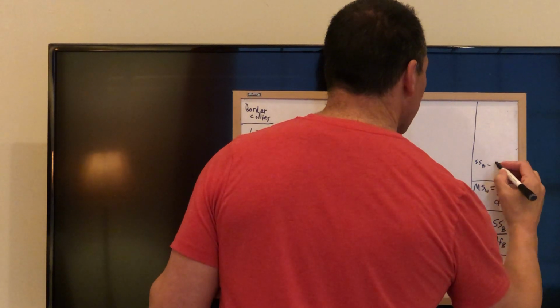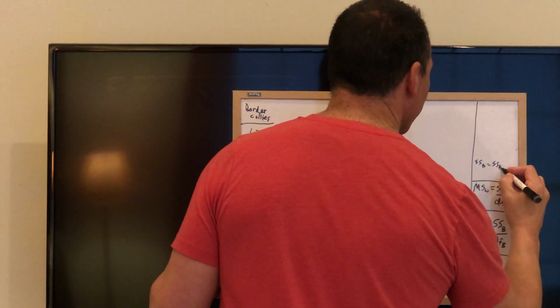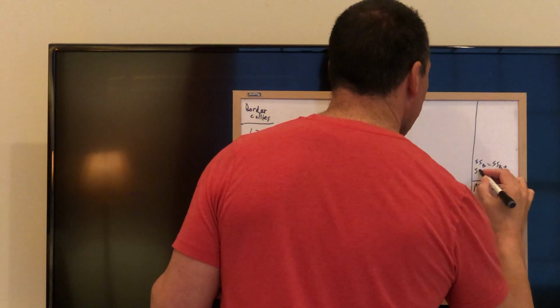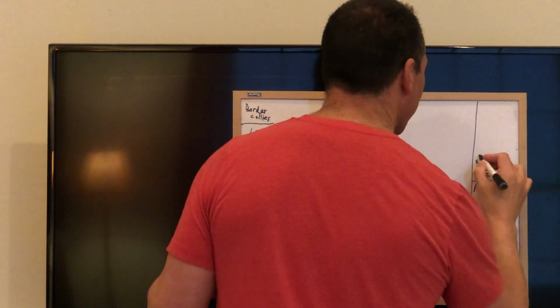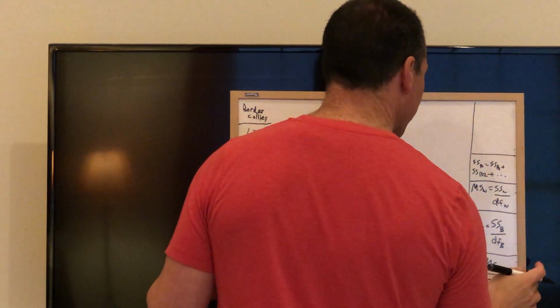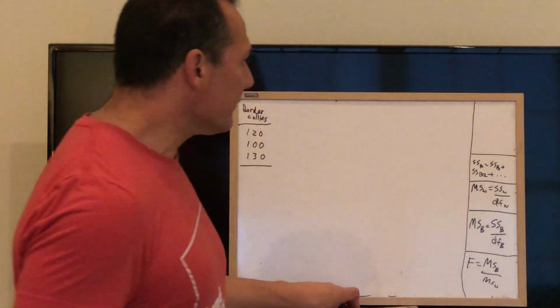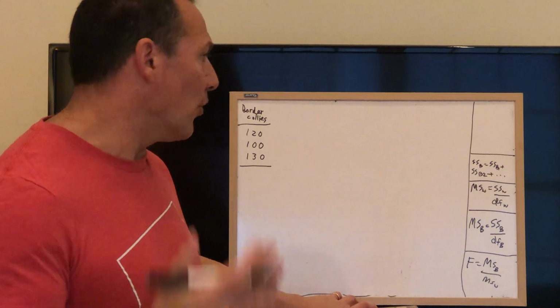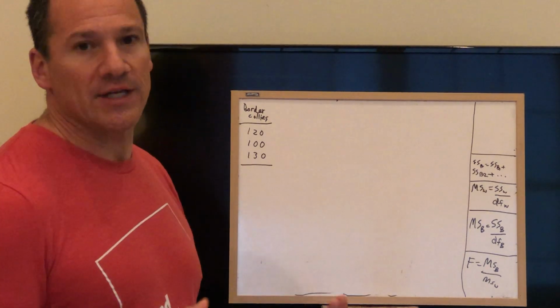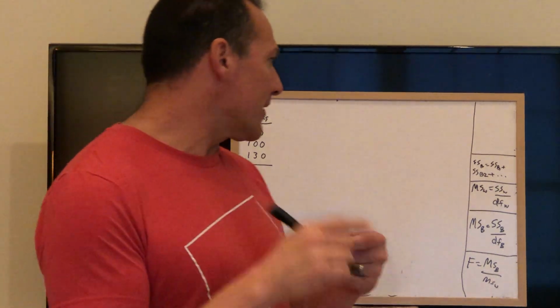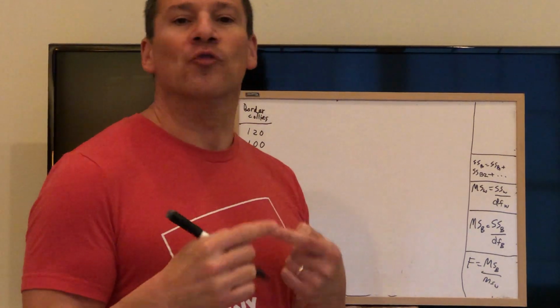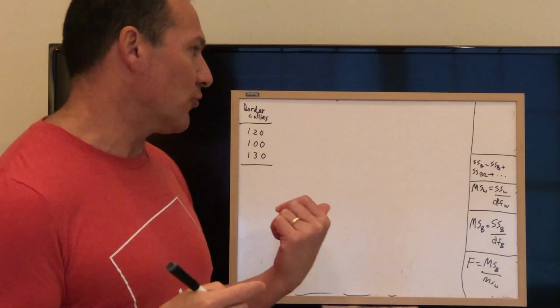SSB equals SSB1 plus SSB2 plus dot, dot, dot. Okay, so at some point we're going to come up with how we figure out SSB. It's not a very complicated process, and we're going to do whatever that process is for the number of groups we have, which in this case will be 3 groups.